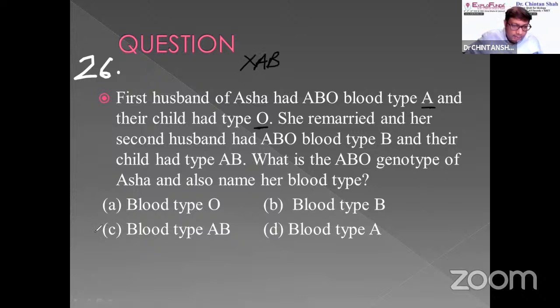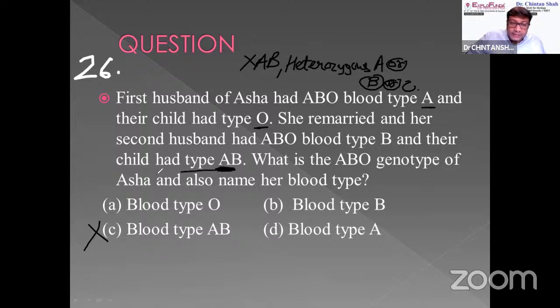So she may be heterozygous A or B, or O blood group. If she had O blood group, when she remarried the child could not have AB, but the child has AB blood group. Its meaning is that her blood group cannot be O. Just be with me.